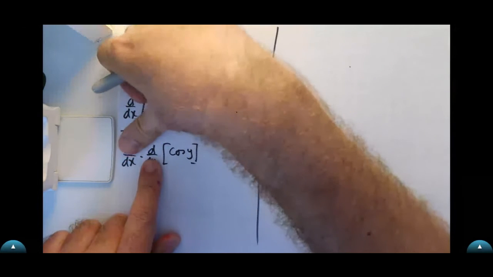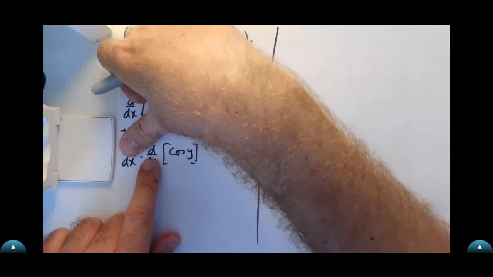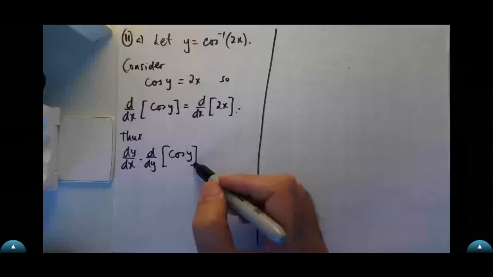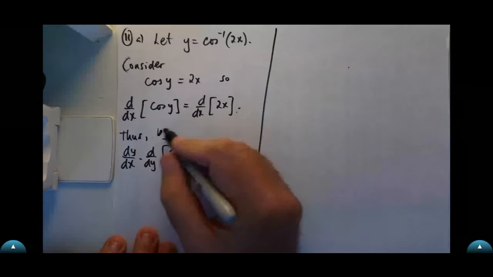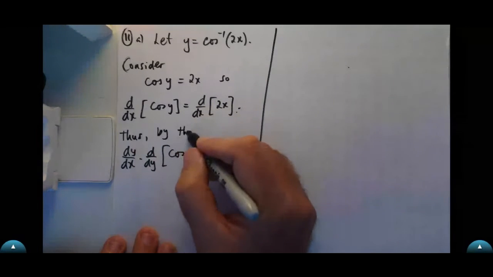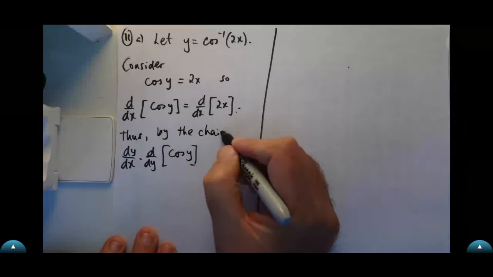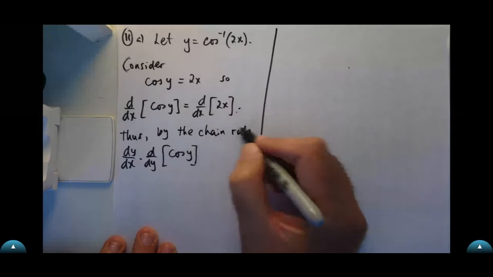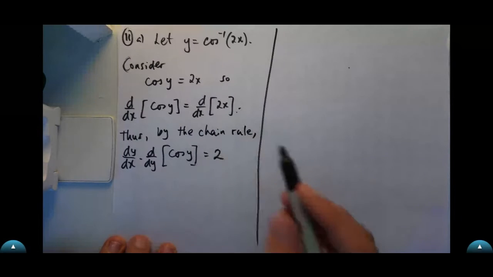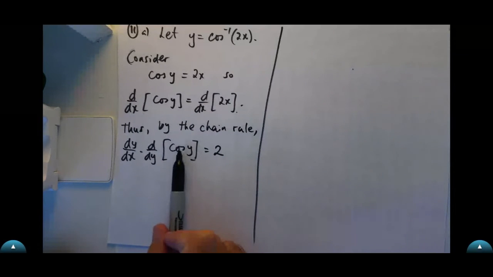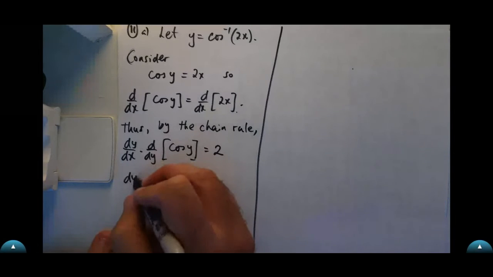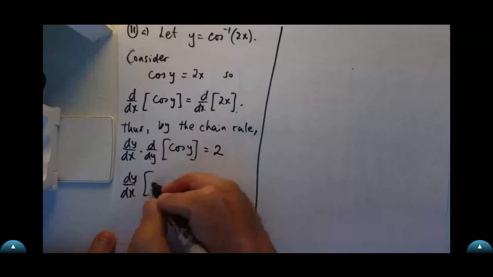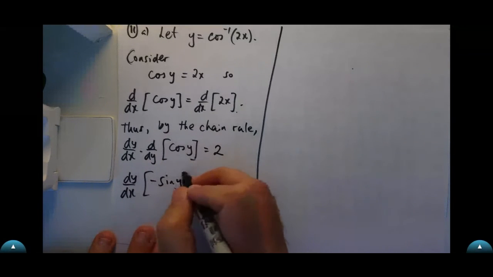So you can just cover these things up if you want to, and you can sort of convince yourself that really it's just d dx. And the important thing here is I can now differentiate this. That's just 2. So the derivative of cosine y with respect to y is negative sine y.